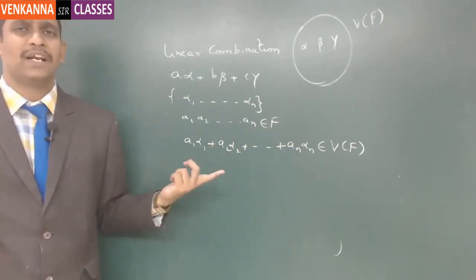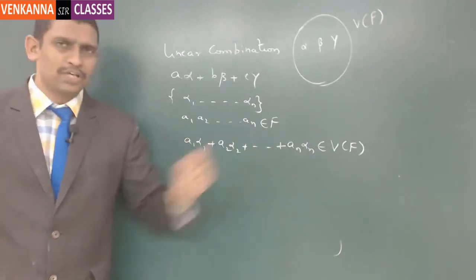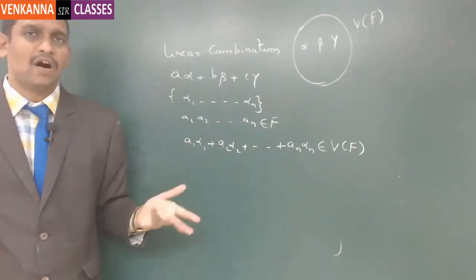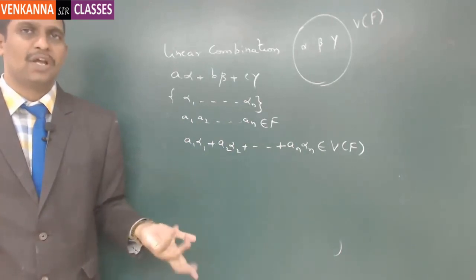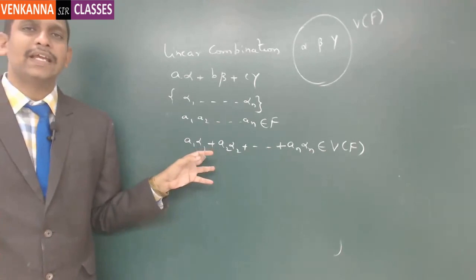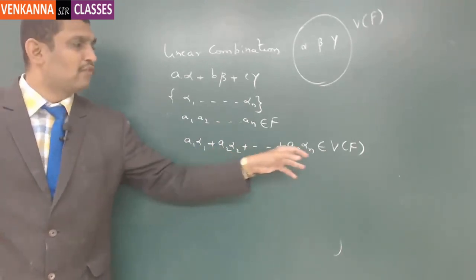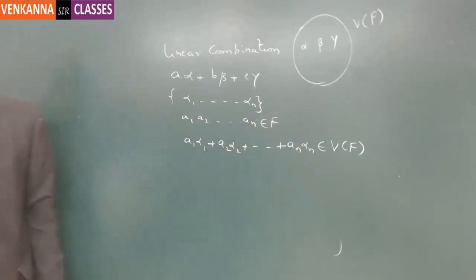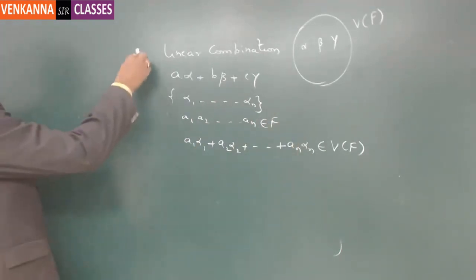So what is meant by linear combination? The sum of the products a1 alpha 1 plus and so on plus an alpha n is called a linear combination, where a1, a2, and so on, an are scalars taken in the field F, and alpha 1, alpha 2, and so on, alpha n are vectors taken in the vector space V. Okay. Now the question is, how many linear combinations will exist?